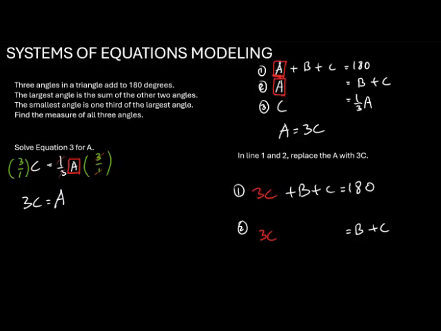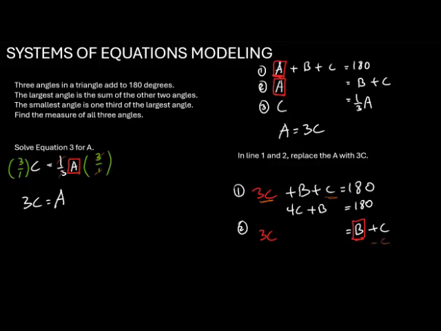We can simplify line 1 a little bit. In line 1, we have 3C and an additional C. If we combine those, this will give us 4C. We'll still have plus B, and this will still equal 180. In line 2, we can actually get B by itself at this time.